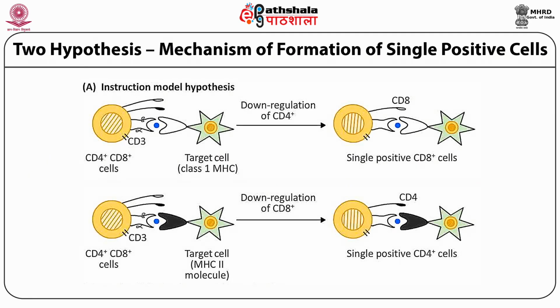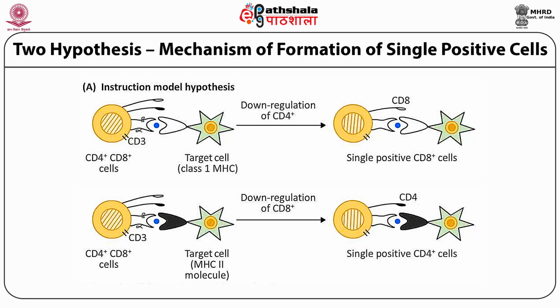This indicates the instruction model hypothesis, where whenever there is an interaction of double positive CD4 CD8 cell with thymic stromal cell representing class 1 MHC molecule, this interaction instructs the cell to downregulate CD4 coreceptor, and now this cell will generate into single positive CD8 cell.